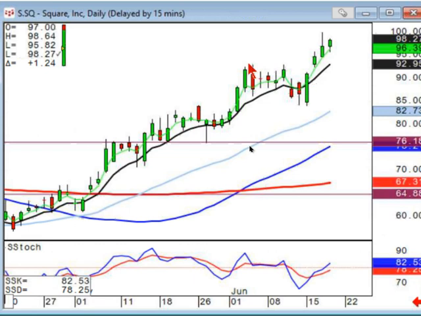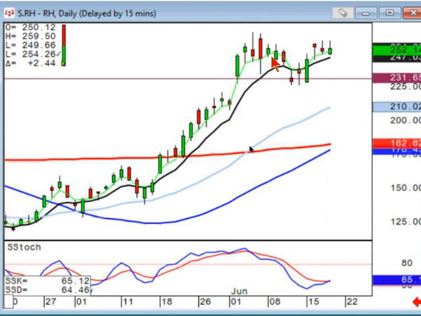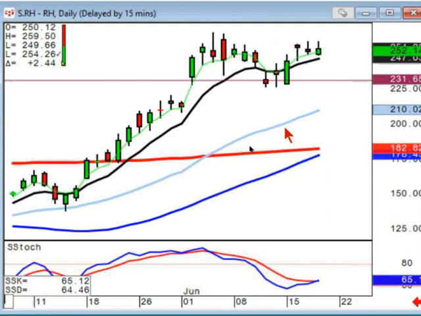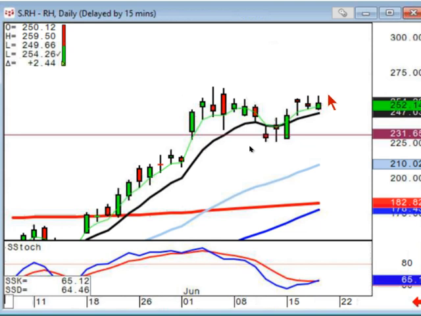Square, after the bullish engulfing little scoop type J-hook pattern, you stay long on this one. Restoration Hardware, another one that has to open positive. No, it did close positive. I'm colorblind. You could be buying this one, or you stay long.